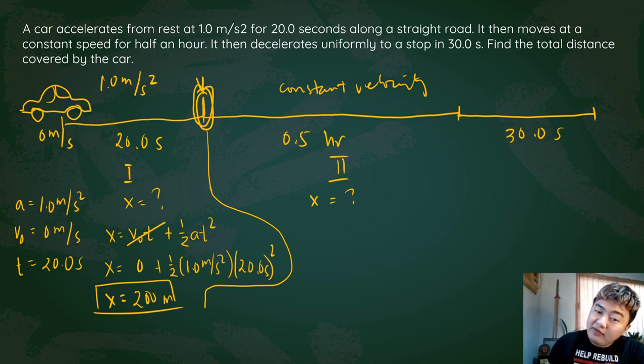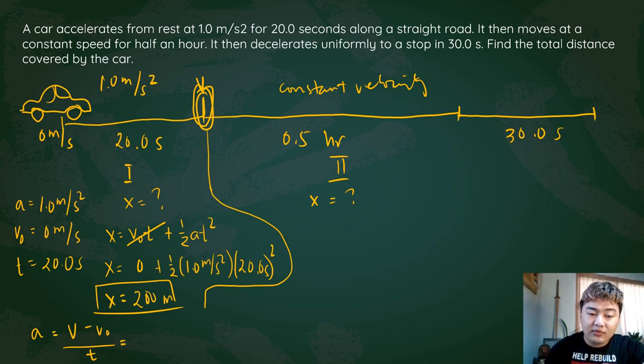To solve for the velocity there, we use acceleration equals final velocity minus initial velocity divided by time.